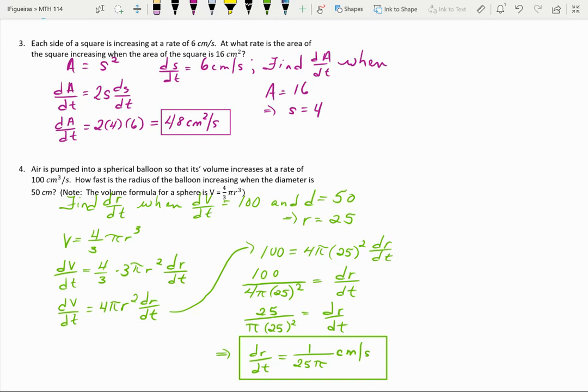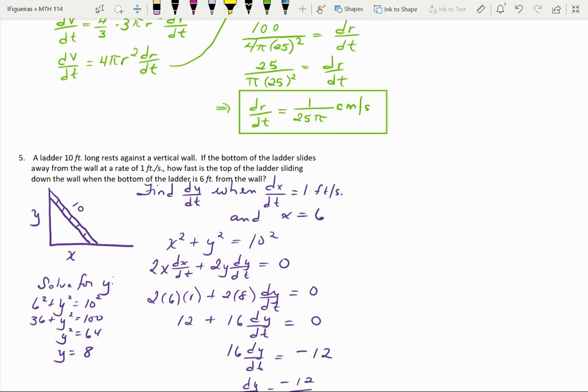It's probably easier to simplify than to square the 25. 4 goes into 100 25 times, which is why I have a 25 in the numerator. So now I have 25 over pi 25 squared, and then the 25 in the numerator cancels with one in the denominator, and your final answer is that dr/dt is changing at 1 over 25 pi centimeters per second.